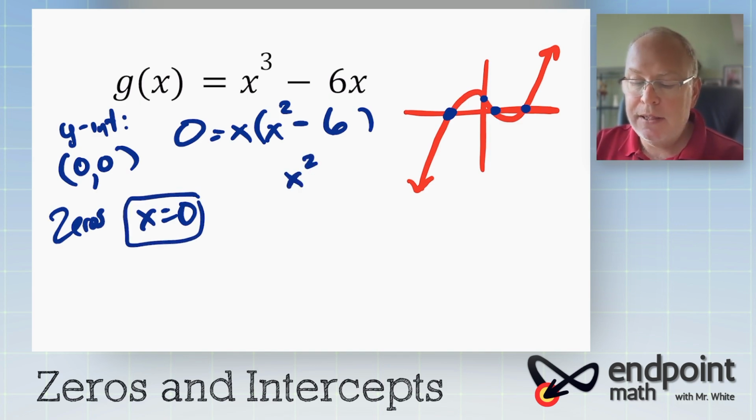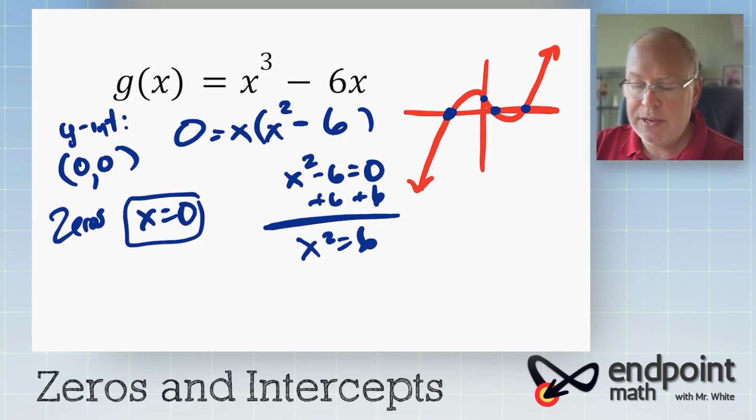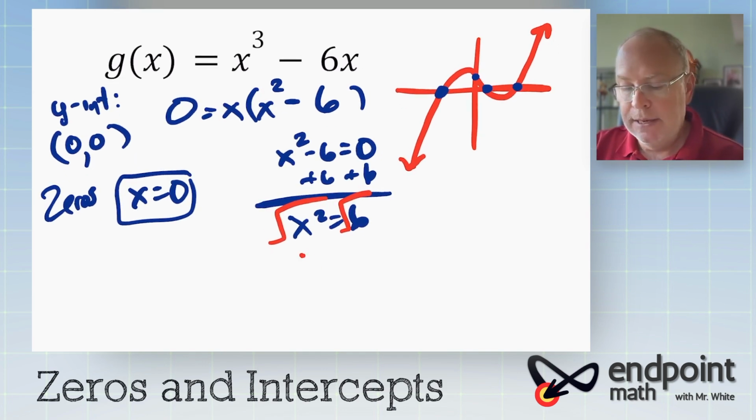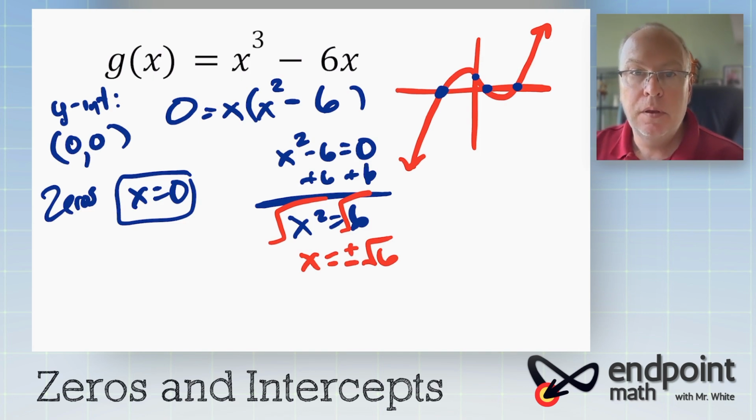Now I need to set the other factor equal to 0. And if I add 6 on both sides, I get x squared equals 6. I hit it with a square root. I'm going quickly because hopefully this is all coming back to you. And you get two answers, positive and negative radical 6.